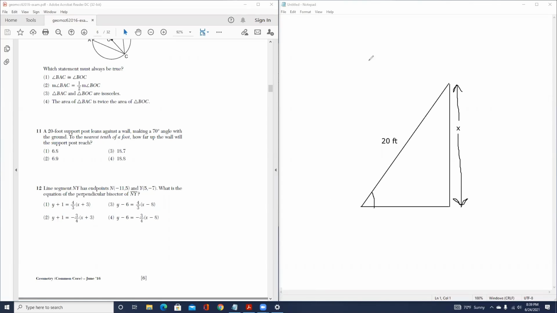And we know that this angle is 70 degrees, and that's because the question told us that. Now, the appropriate trig function to use here is sine. We know that in this case, the sine of an angle is equal to the opposite side over the hypotenuse.